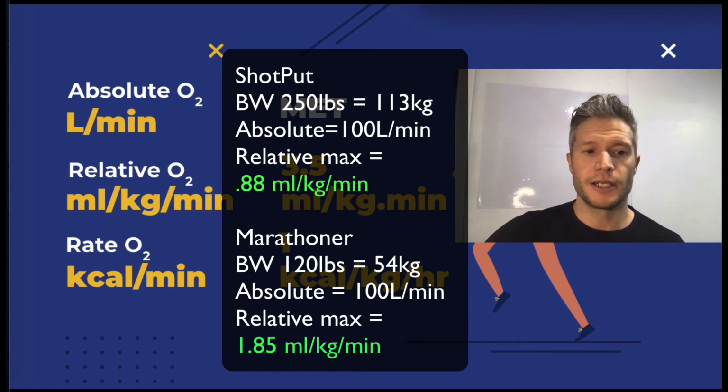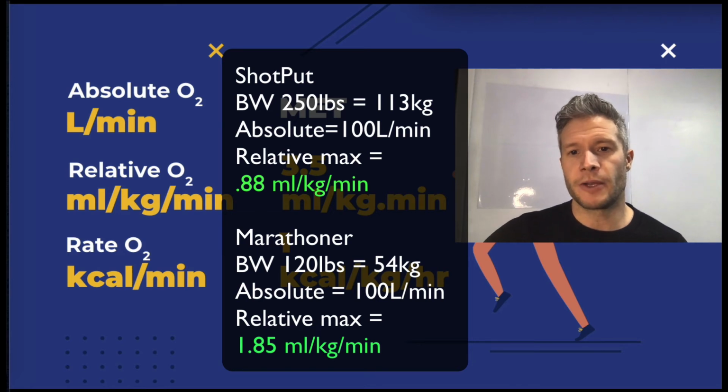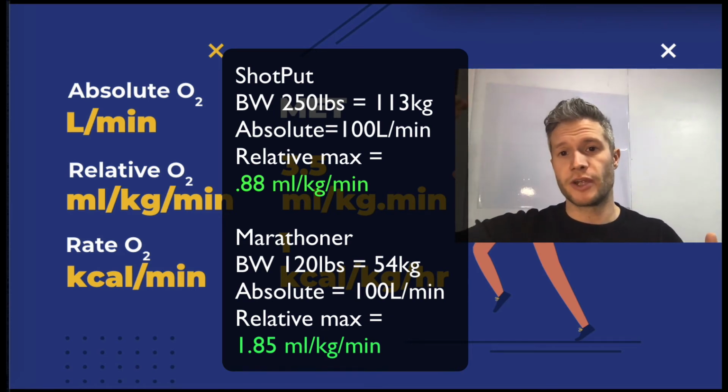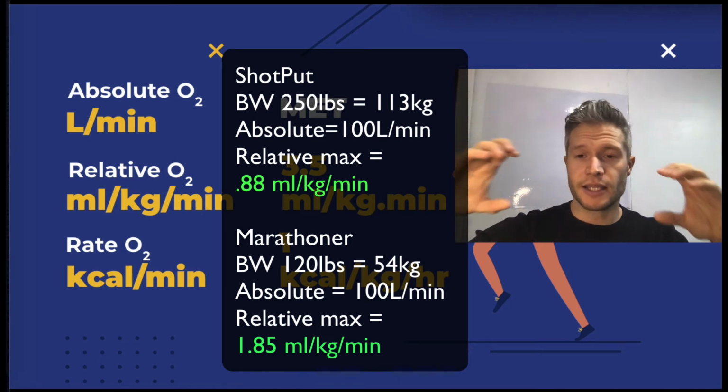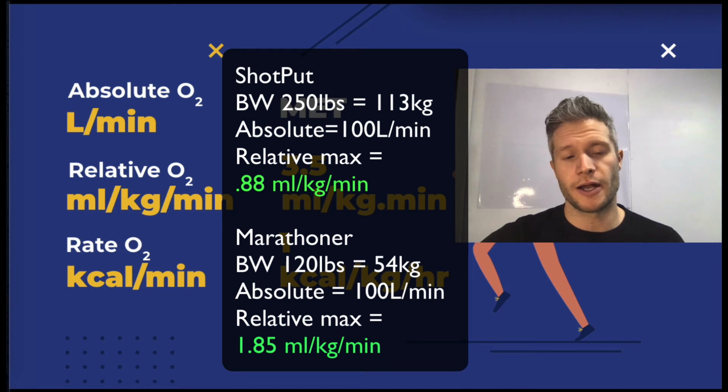Once divided by their kilos, the amount of milliliters or liters of oxygen they can exchange isn't that much. Whereas the marathoner, because of their larger capacity for cardiovascular activity, is going to have a much, much greater max VO2, because they have way less body weight to divide that original number by.